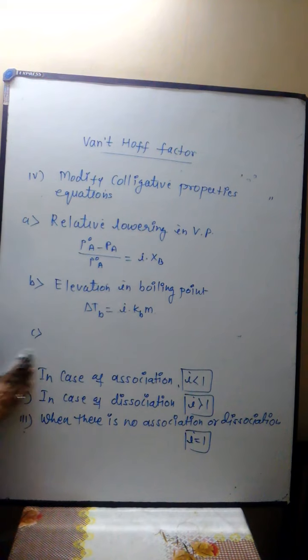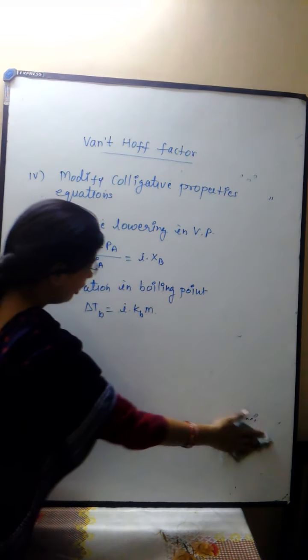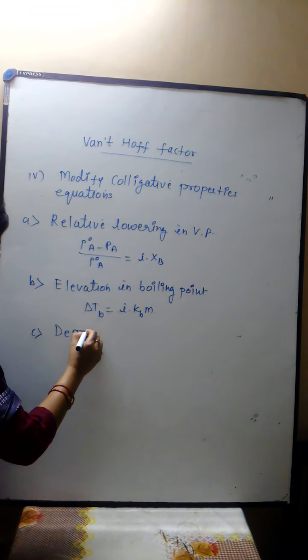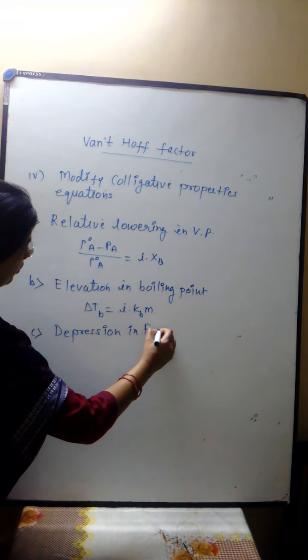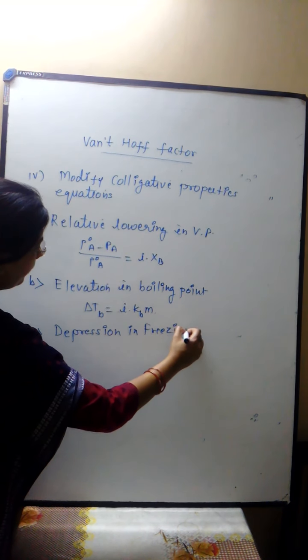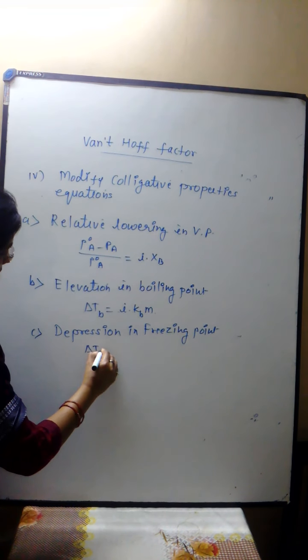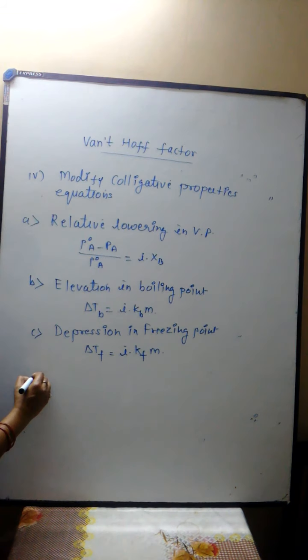Third colligative property is the depression in freezing point. Here too they introduce the factor i, so delta Tf equals i Kf m.